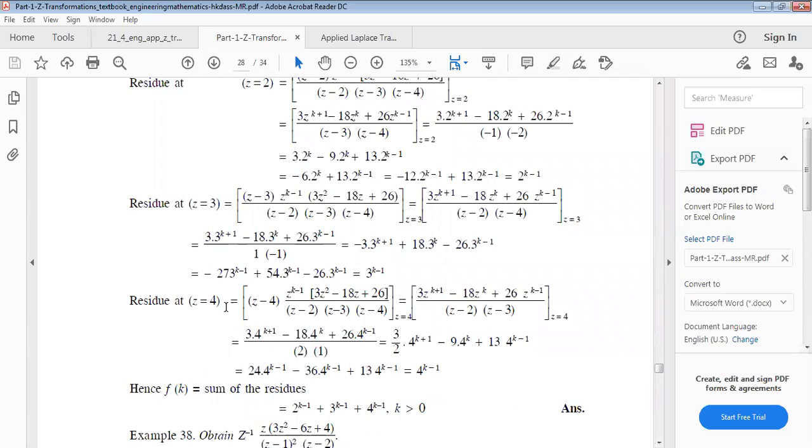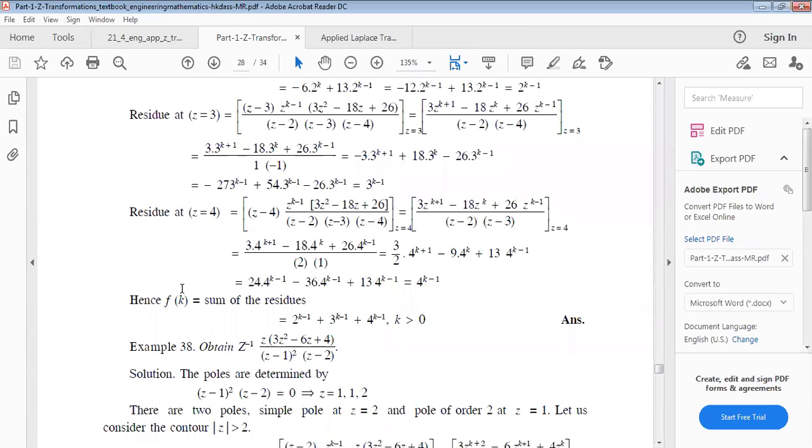Again for the residue at z equals 4, using the similar residue method, z minus 4 will be cancelled, and z minus 4 at z equals 4, remember it. So putting z equals 4 in the whole term of the numerator and denominator, we get the sequence, which will be 4 to the power k minus 1.